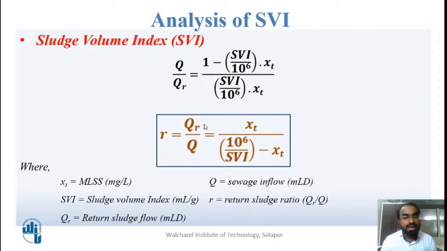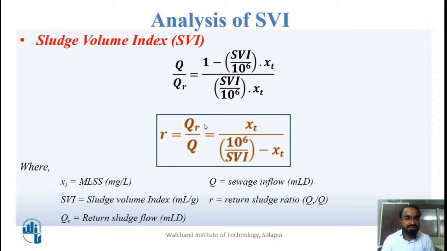Now here I have compared the SVI to the return sludge ratio. So I can say that the return sludge ratio is equal to MLSS divided by 10 raised to 6 divided by SVI minus MLSS. It is a simplified way to calculate the return sludge with respect to the MLSS and SVI.